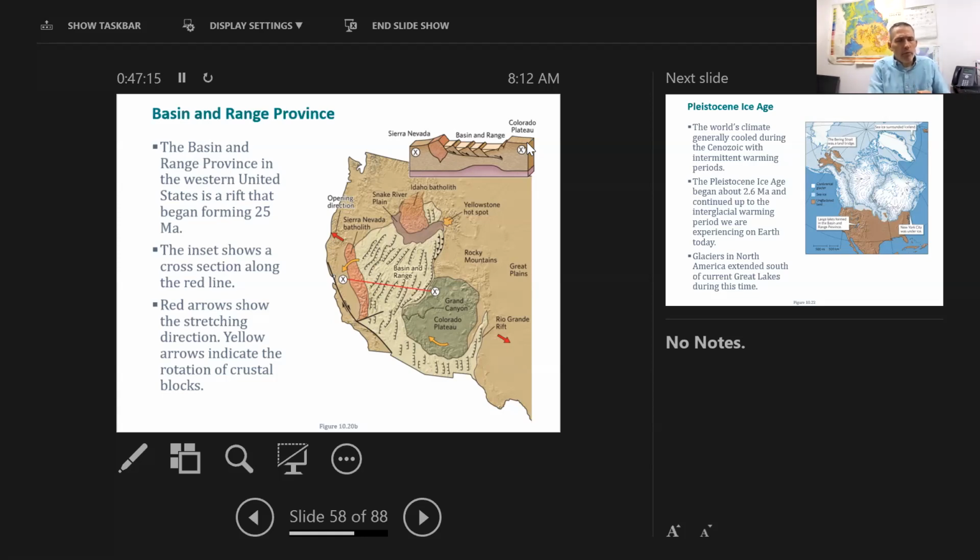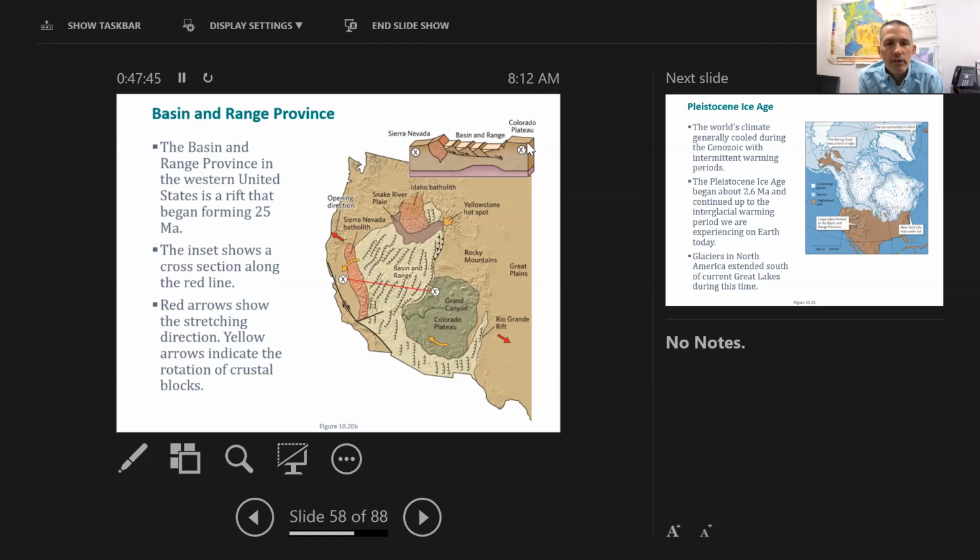It was having wide meanders, and then as this area lifted up, it tried to maintain its course, and it cut down right through those existing events. And so if we try to figure out what has happened first and what happened second, the Colorado River was there before the Colorado Plateau, and it created the Grand Canyon as these rocks were rising up and the river was trying to maintain its course.